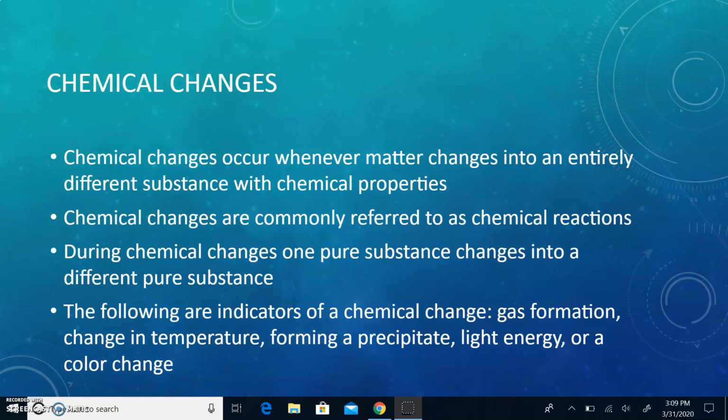So that's a precipitate. You've got light energy, so some reactions when they take place, large amounts of light are produced. And then lastly, you've got a color change. And I want to emphasize here, this is not the same thing as if you were to take a piece of paper and you were to color over it. I'm thinking more of like in the precipitate example, most of the time your solutions might be translucent so you can see through them.